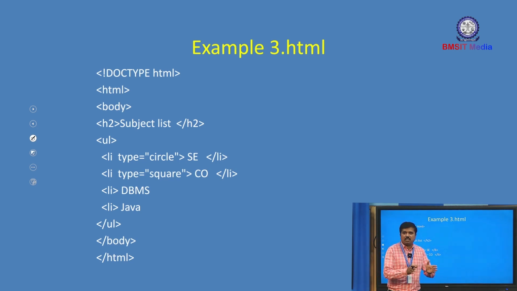Let's get into that third example. As I always said, the first line informs the web browser that the document is of type HTML. You are already familiar with that. Next, in HTML code, there is always a beginning tag called HTML in angular brackets, which you can see in the second line.